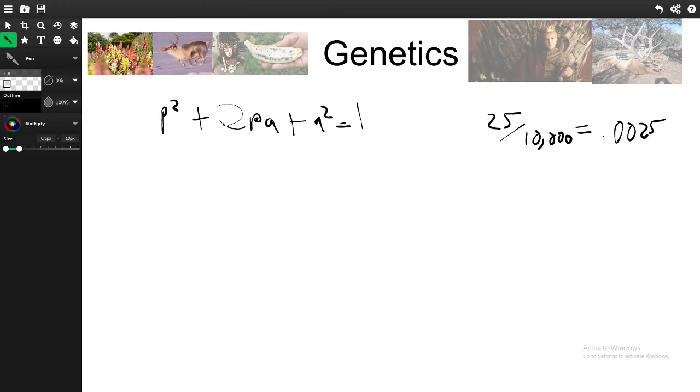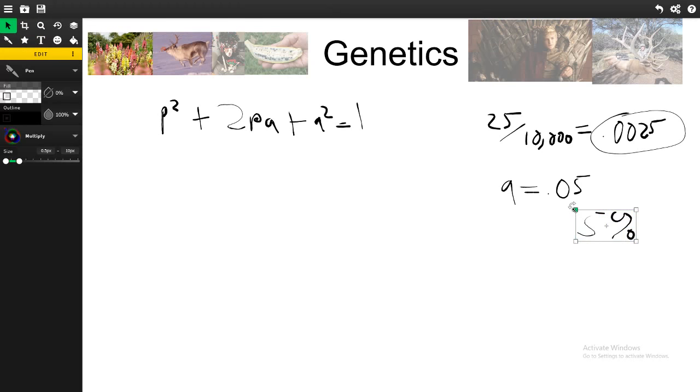And as I said before, these values will give us genotype frequencies. So if Q is for the recessive allele, Q squared gives us the homozygous recessive genotype frequency, which we actually just found. So if Q squared equals this number, then the square root of this number will give us the allele frequency for the recessive allele, which if you solve that comes out to be 0.05, or 5% of the population carries this allele.